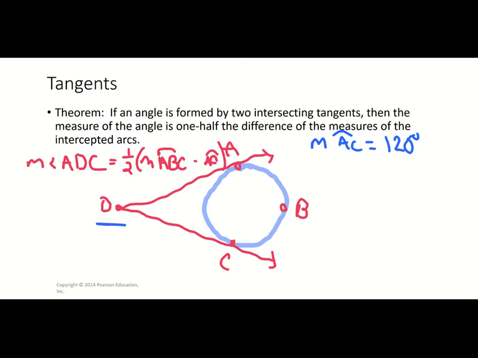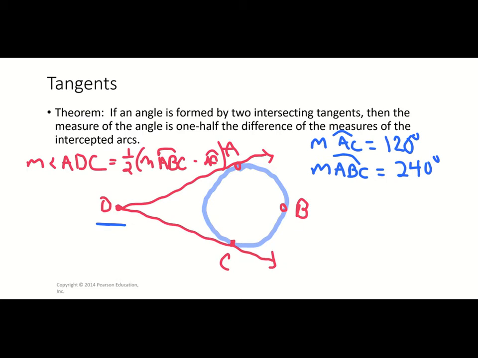So if I did 360 minus 120, we would get, for our other intercepted arc, 240 degrees. So the measure of arc ABC is 240 degrees.